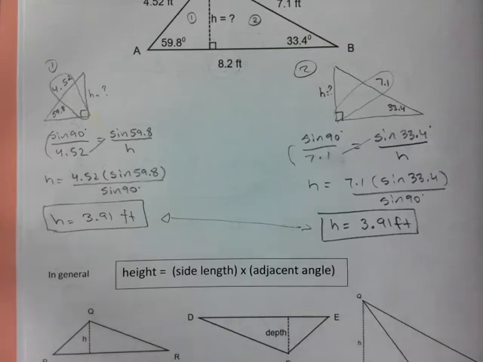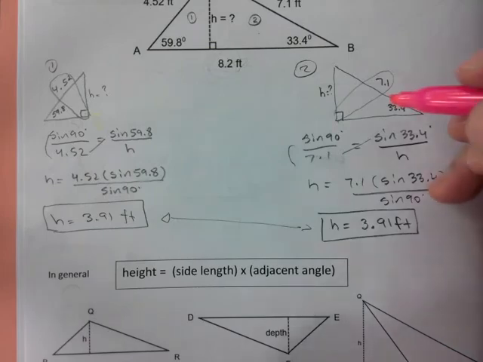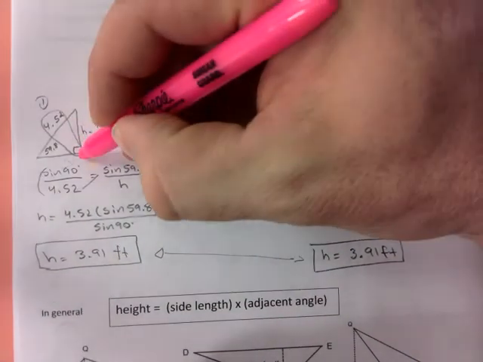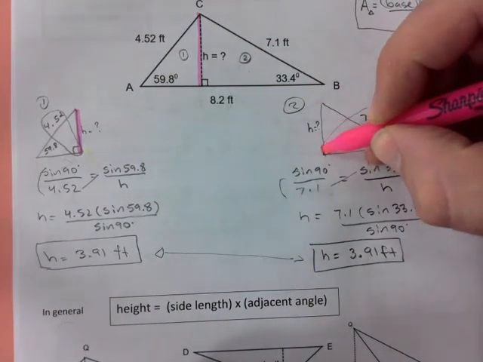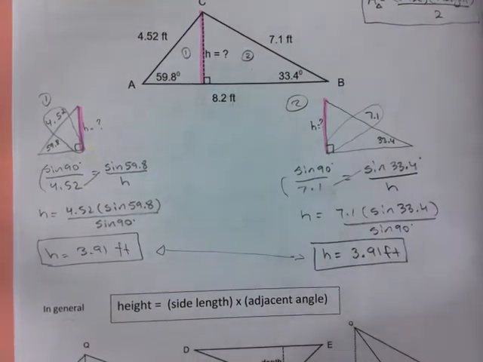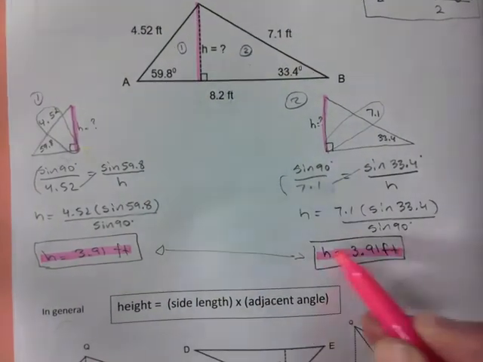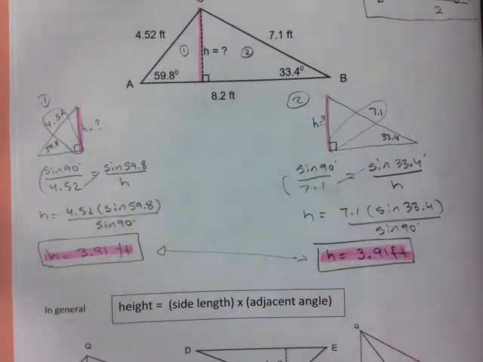If you have a different highlighter, or maybe just the highlighter you've been using all along, I like this to really stick out, right? That we're finding the same height, we just use different approaches. We use the left side or right side, but the height remained the same regardless of what we did. Okay?